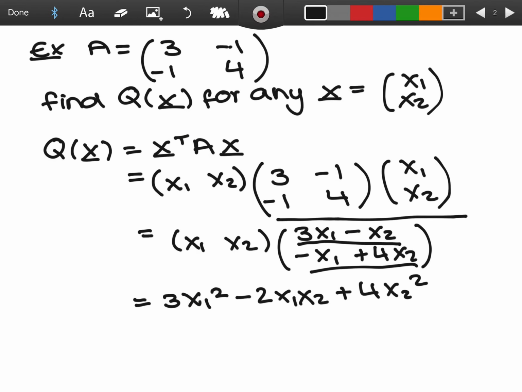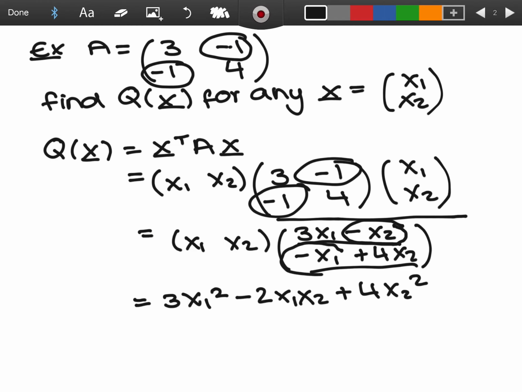However, you'll see here, if A would have been a diagonal matrix, okay? So if A would have been diagonal, meaning that both of these terms here, these negative ones, would have instead been 0. That would have made this matrix diagonal. If both of those elements were 0, okay, let's come down here and see what would have happened. Well, I wouldn't have had this negative x2 term here, and I wouldn't have had this negative x1 term here.